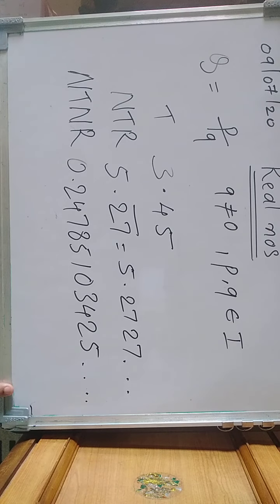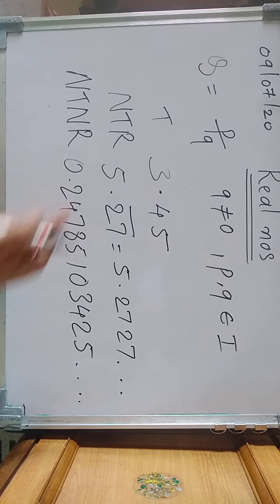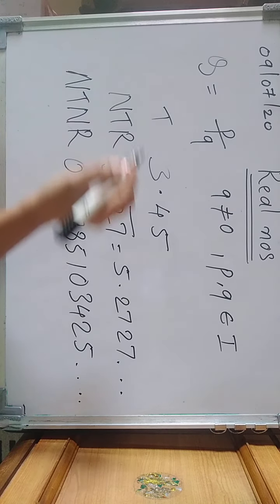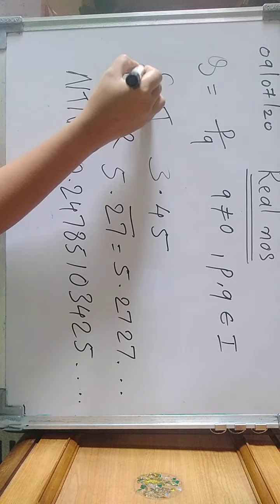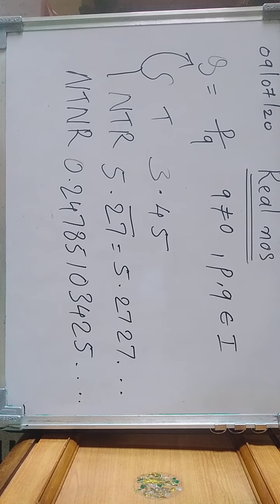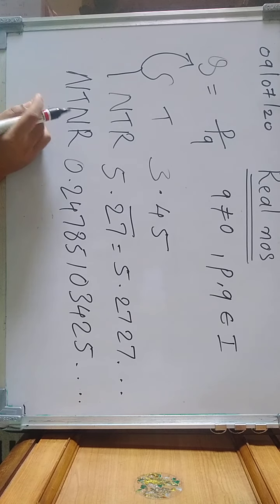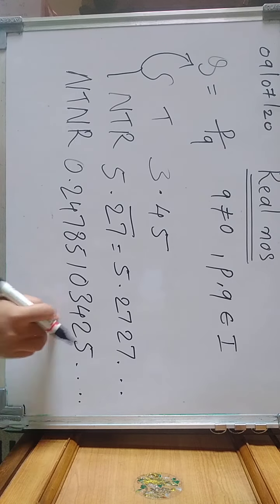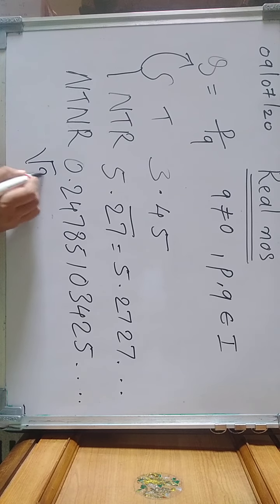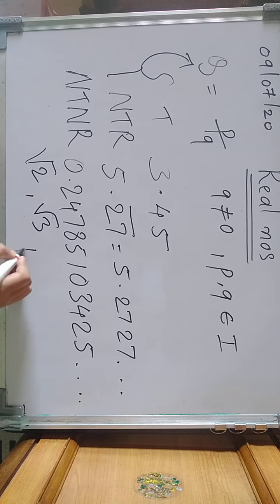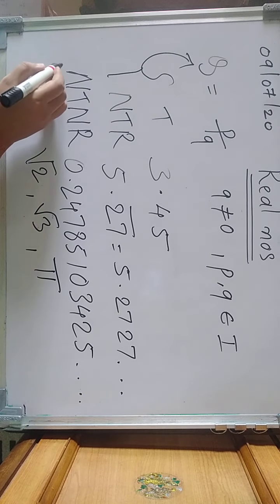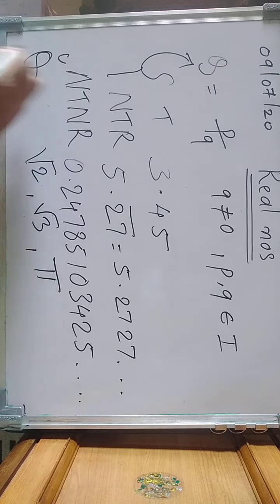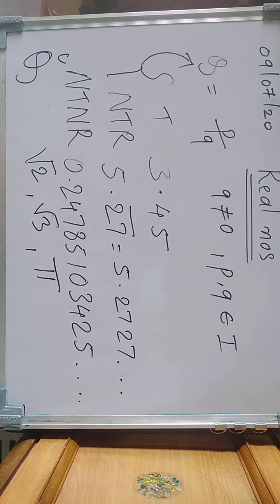So in 8th standard we have learned that terminating and non-terminating recurring numbers both go in the rational family. And the NTNR numbers, that is the numbers which are non-terminating and non-recurring, and also numbers like root 2, root 3 and pi, all come in the family of irrationals.